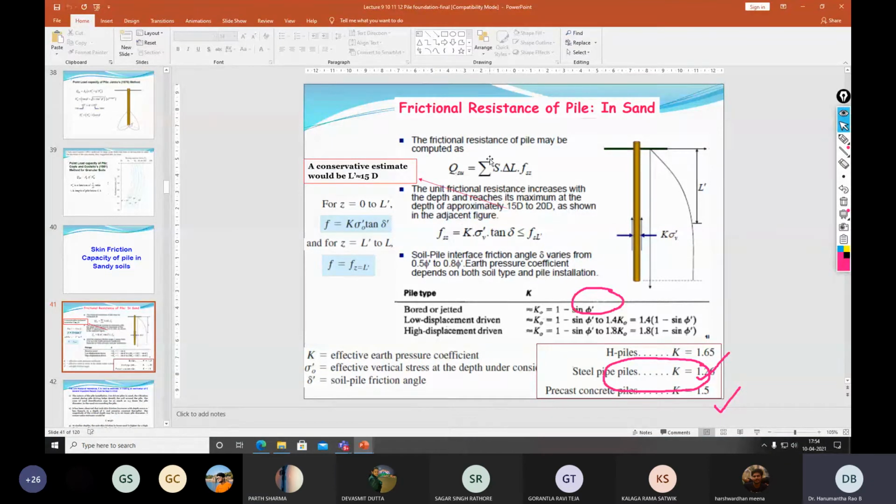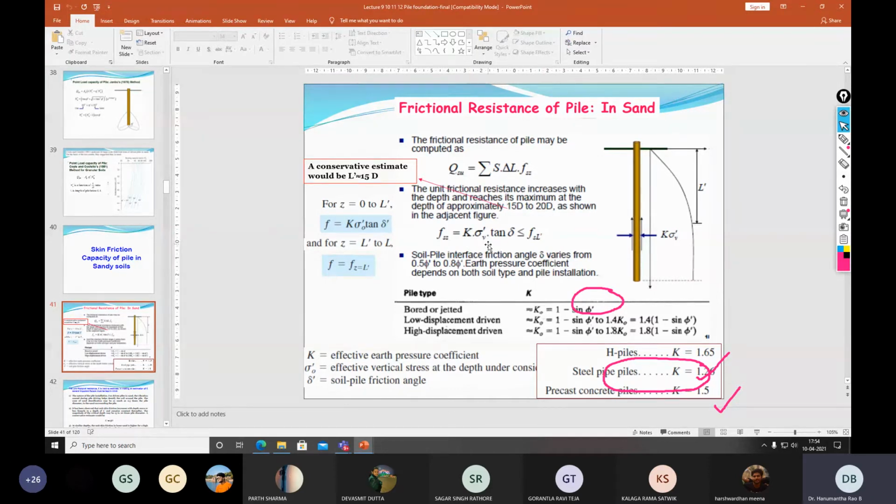But this is the total. I'm asking what is the unit skin friction. Just look into this one. This is the equation for unit skin friction. fsz is nothing but the unit skin friction in case of sand, which is nothing but K into sigma v dash into tan delta.